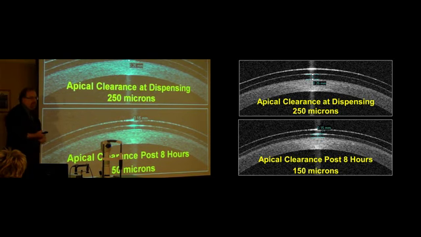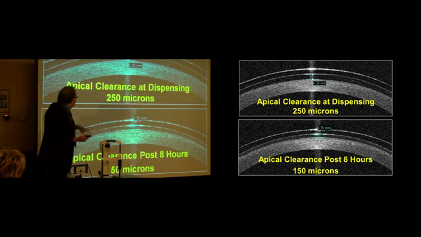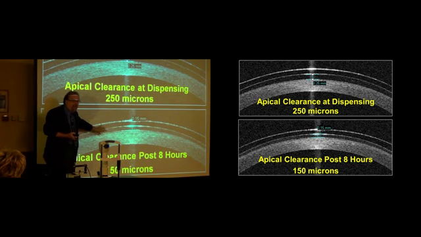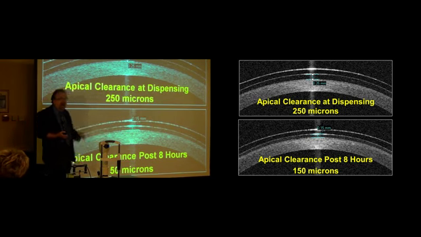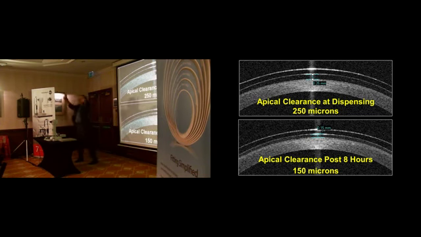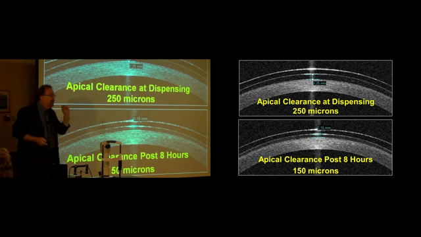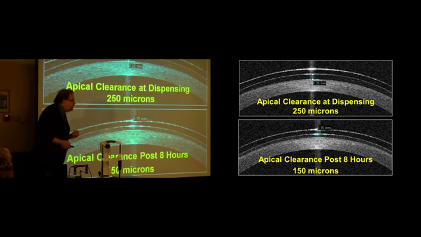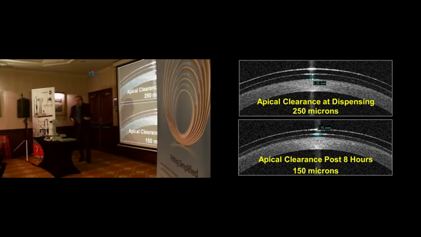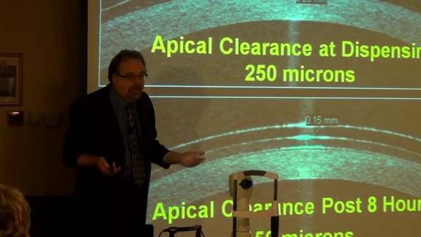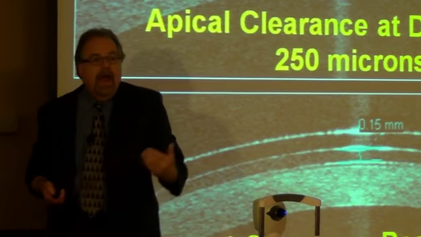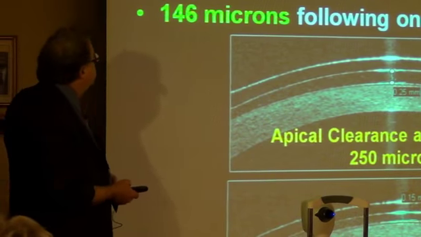Now, what happens in our studies when we apply the contact lens and we look at that lens after 8 hours of lens wear, we can see that the lens has dropped approximately 100 microns. So what maybe started out at 300 or 250 microns is going to decrease as the individual wears the lens.